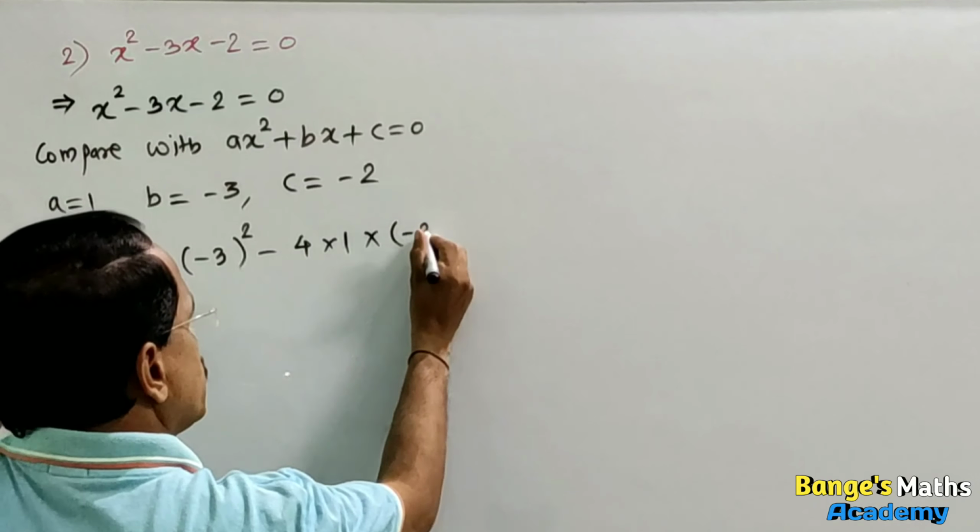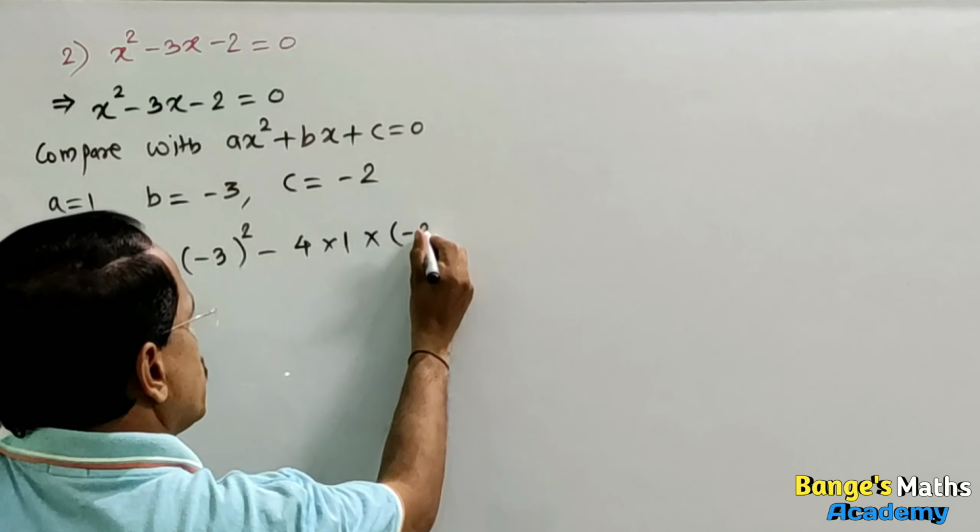Then by using the formula x is equal to minus b plus or minus square root of b square minus 4ac upon 2a, put values in this formula: minus value of b, minus 3, plus or minus square root of value of b square minus 4ac, 17, upon 2a, 2 into value of a is 1.